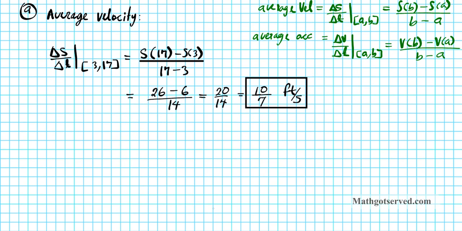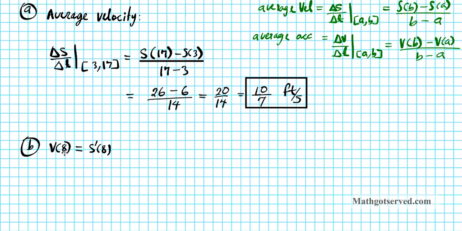Alright, let's shift our attention to part B. We're to approximate the instantaneous velocity at t equals 8. The instantaneous velocity at t equals 8 can be written as v of 8. This can also be written as s prime of 8, the derivative of the position at 8, because the derivative of position is velocity.